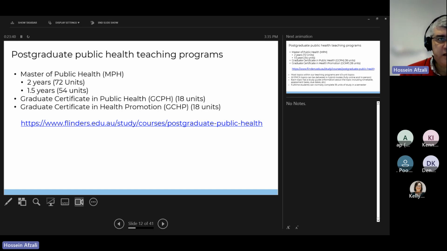More specifically, we have two MPH programs. One is 2 years with 72 units, and the second one is 1.5 years. Of course, the admission requirements are different. Then we have a graduate certificate in public health, 18 units, and a graduate certificate in health promotion, 18 units.